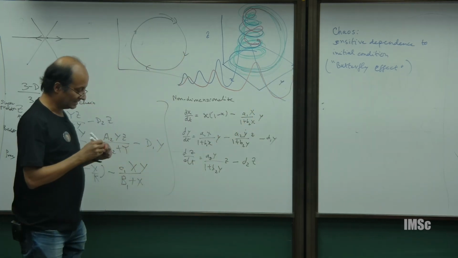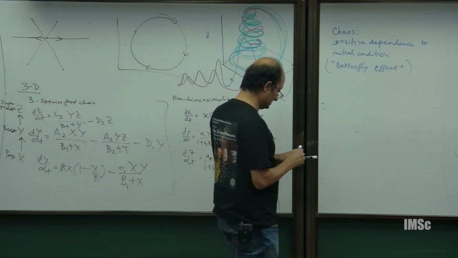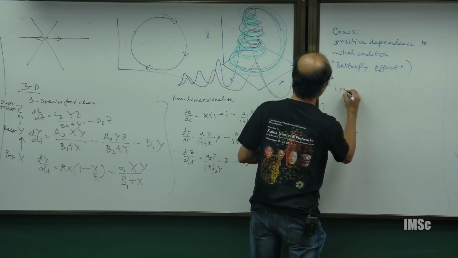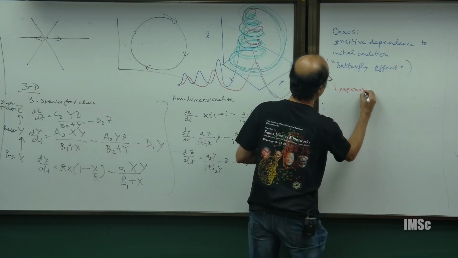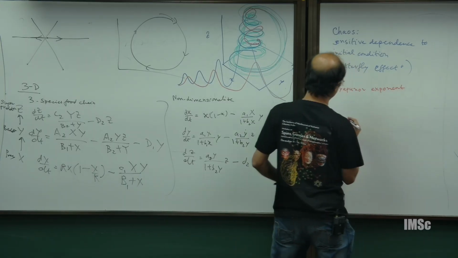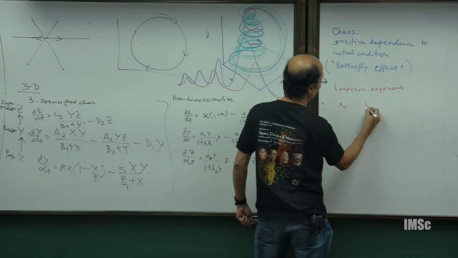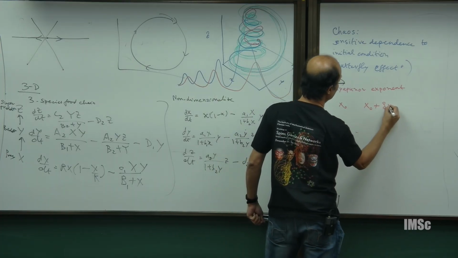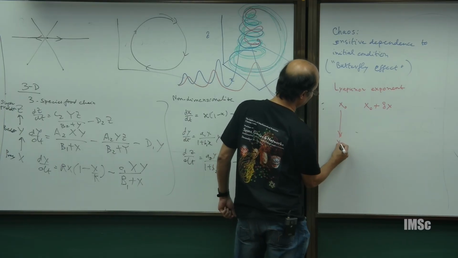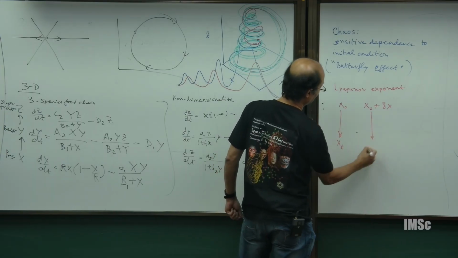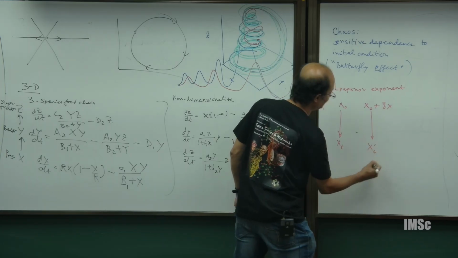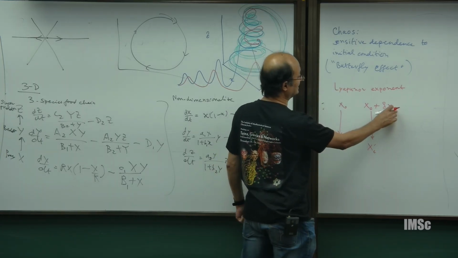And how do you actually quantify this? This is quantified by something known as the Lyapunov exponent, which asks: if you start two trajectories, one at x naught and one at x naught plus delta x, then after very long times, when this is x(t) and this is x'(t), what will happen to this delta x?